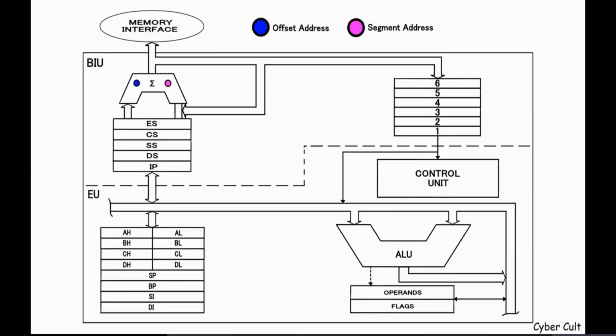All right. Now look at it again. The first byte will be fetched, and it will be loaded inside the queue's topmost location. Now look at the moment. This is actually the parallel processing.